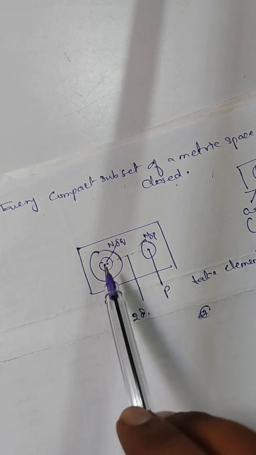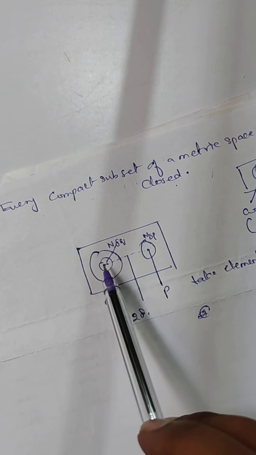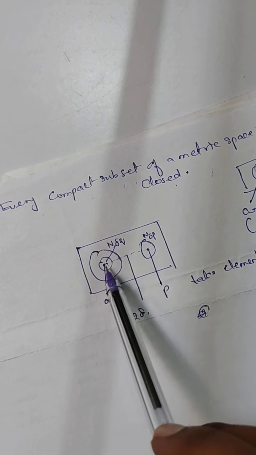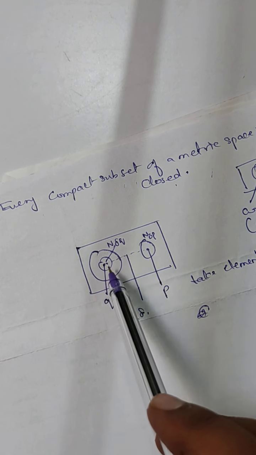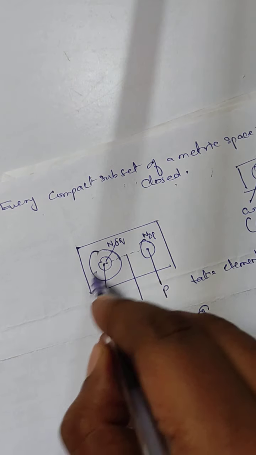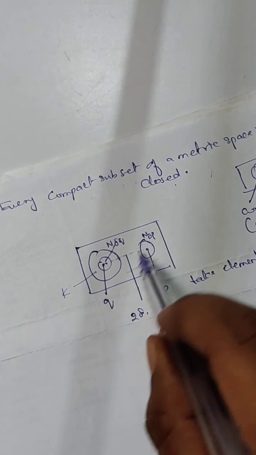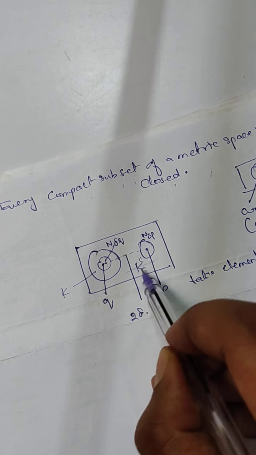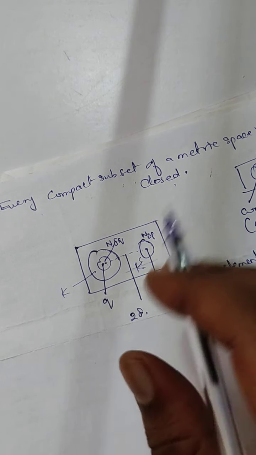So for instance, we have a neighborhood N_Q which is inside K. This set is K, and this set right over here is K complement. This is compact; that is what we have to prove.